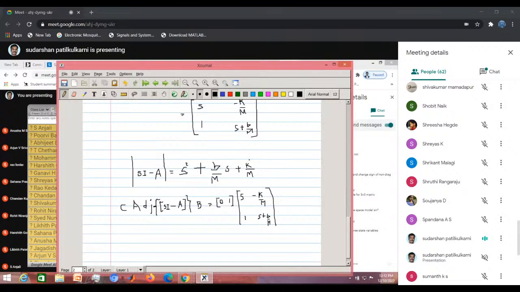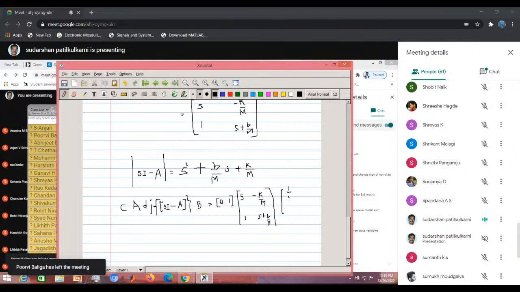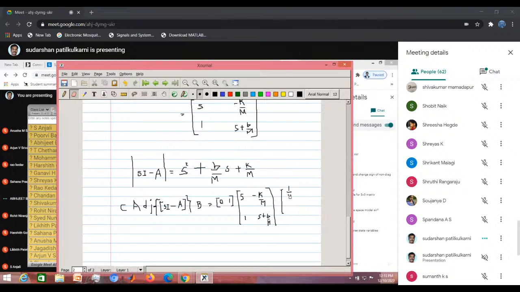Then we also have this B. B is 1 by M, 0. And 0. So when you multiply by 0, 1, you get 1, S plus B by M.